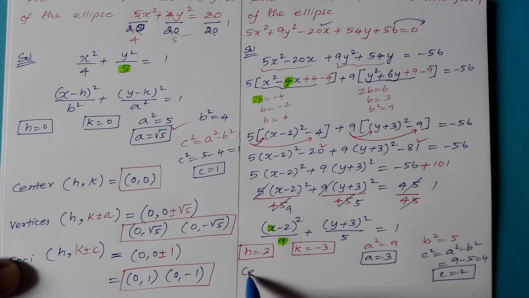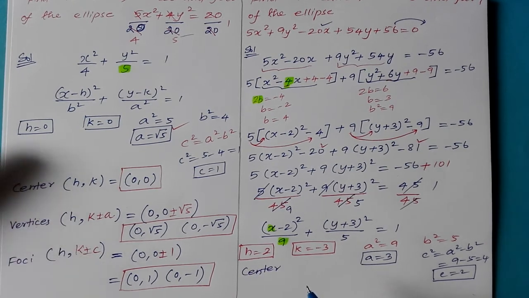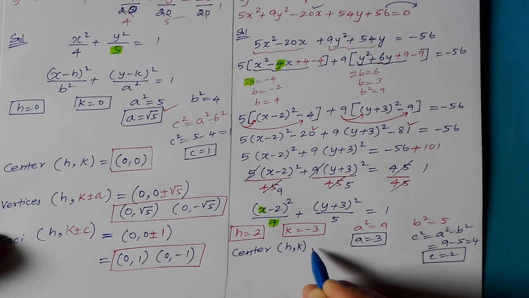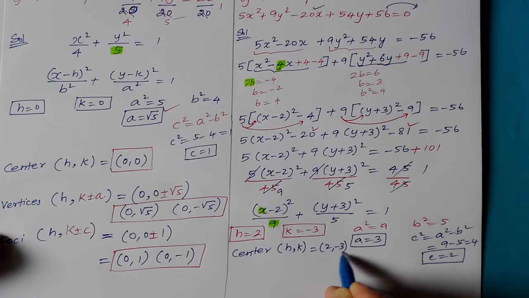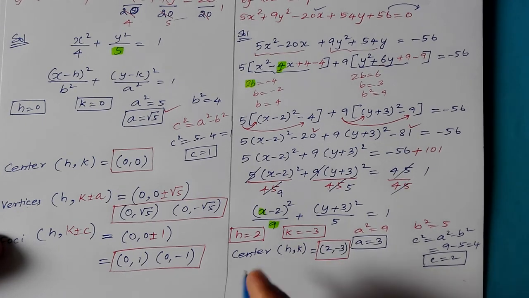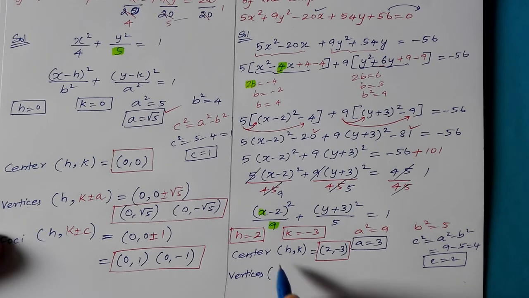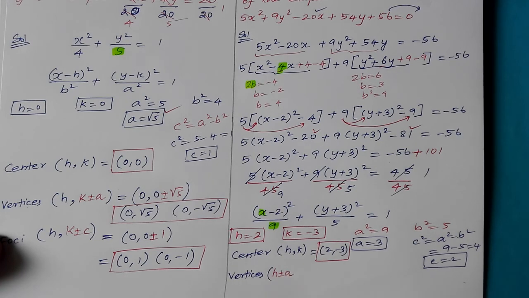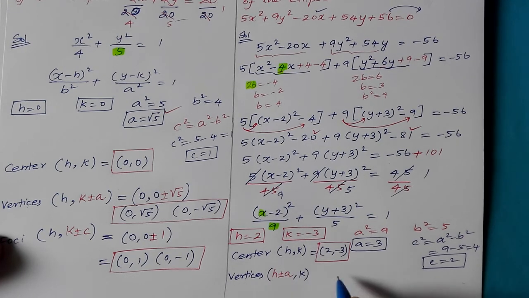So I write the center. What is the center? h comma k. What is h? 2 comma minus 3. So this is my center. And the vertices, since it is a change in x, I write h plus or minus a comma k.